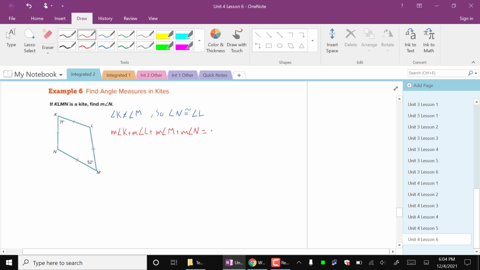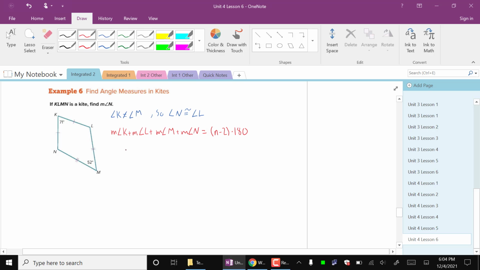Oh yeah, I have a formula from Unit 4, Lesson 1 that says the number of sides minus 2 times 180 will give me the interior angles. Well, this has 4 sides, so 4 minus 2 times 180 is 360. So start plugging in what we know.